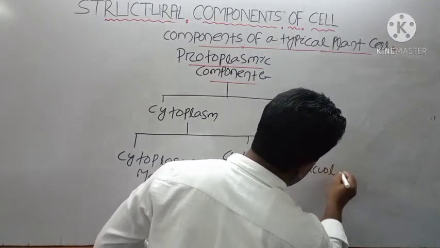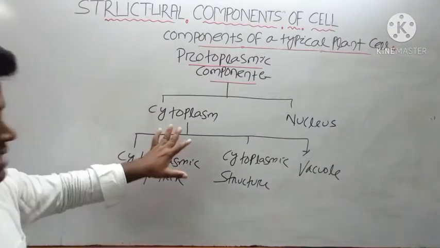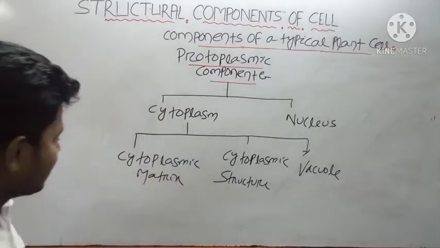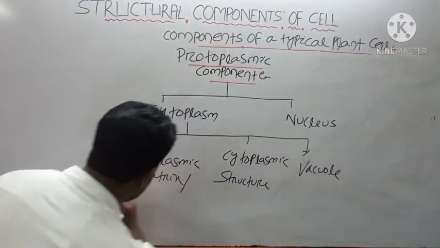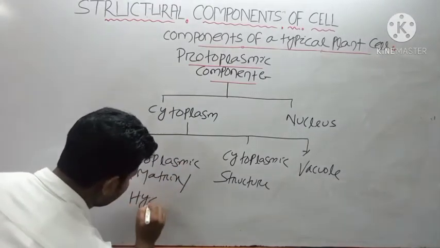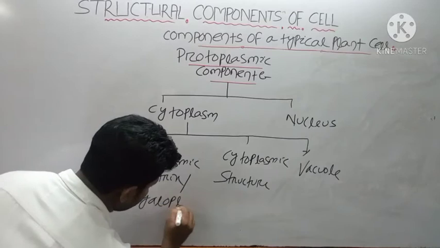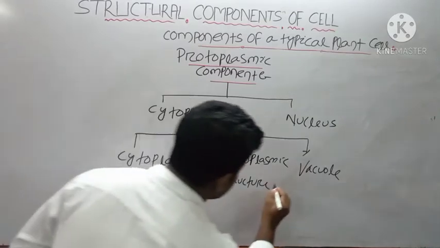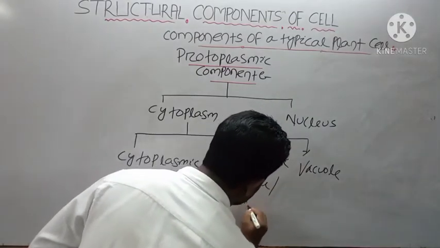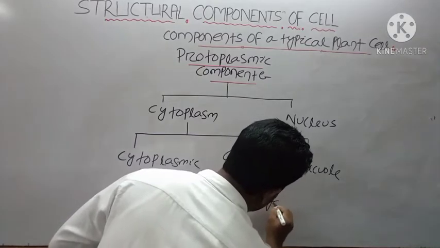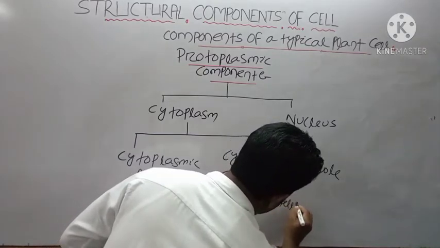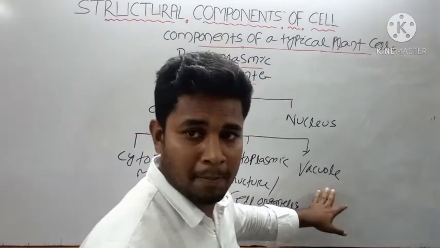The cytoplasmic matrix is also known as hyaloplasm. Then cytoplasmic structure is also known as cell organelles. And the last one is the vacuole.